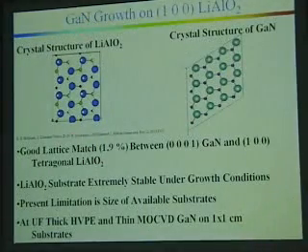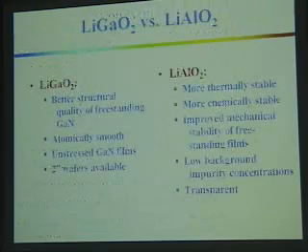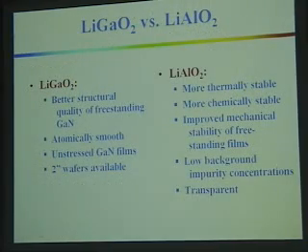We also worked on lithium aluminate, and we've been able to see similar results, actually slightly improved results. I won't go into the details there, but just to compare them, we did get freestanding in both. But the lithium aluminate is more stable than lithium gallate. It's also more chemically stable, particularly with respect to hydrogen attack.